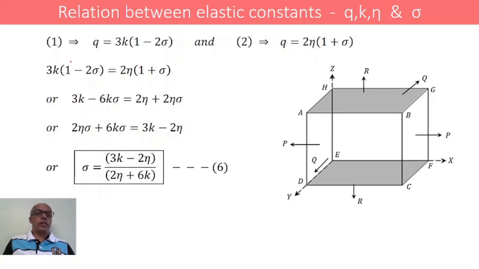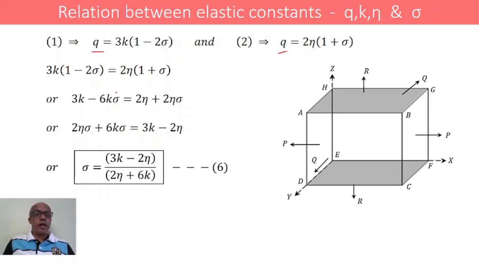Now equation 1 gives Q equals 3K into 1 minus 2 sigma, and equation 2 gives Q equals 2 eta into 1 plus sigma. Since their RHS being the same, we are equating them. We get 3K into 1 minus 2 sigma equal to 2 eta into 1 plus sigma. Expanding, we get 3K minus 6K sigma equals 2 eta plus 2 eta sigma.